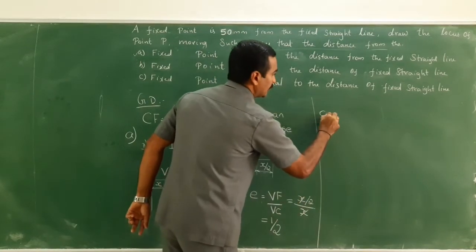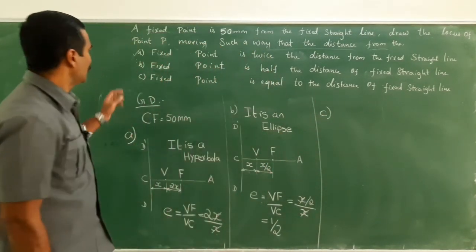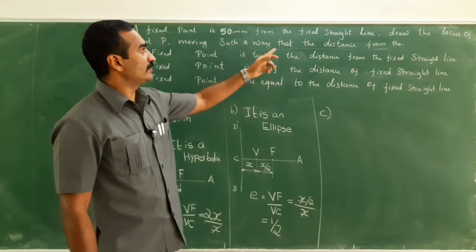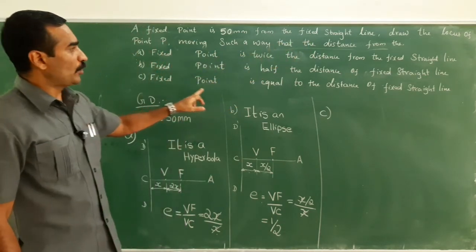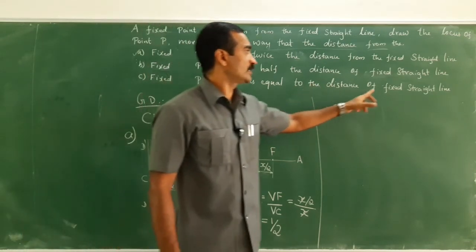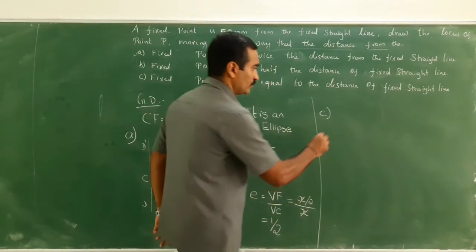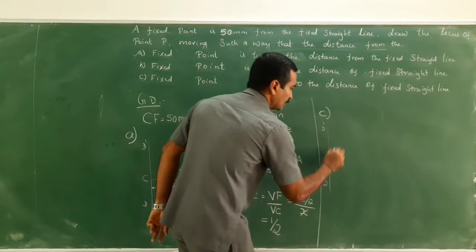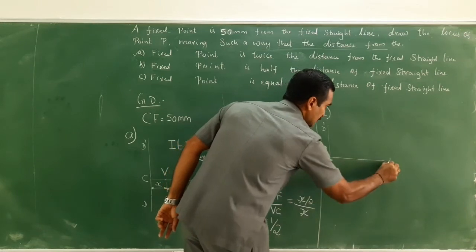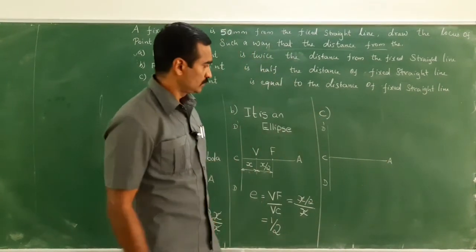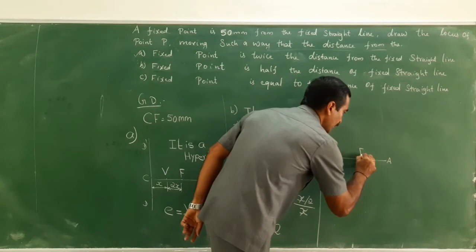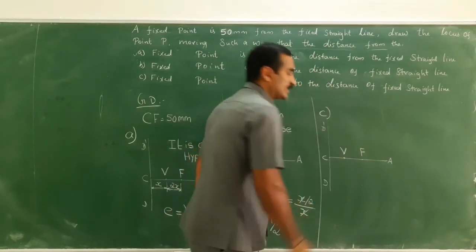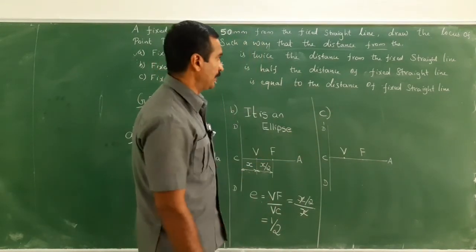Let me move to the third subdivision. What does it say? The moving point P moves in such a way that the distance from the fixed point is equal to the distance from the fixed straight line. So let me draw the directrix D dash, CA as axis, F as fixed point or focus, V is nothing but the vertex or moving point.